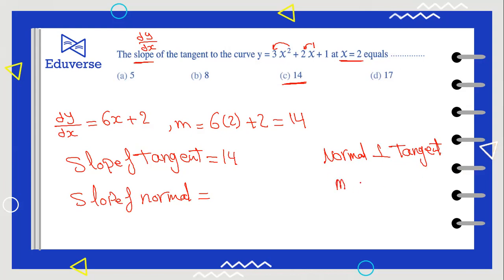If the first slope is m, then the second one is negative 1 over m. The slope of the tangent is 14, so the slope of the normal is negative 1 over 14. It is not required here, but I wanted to find it.